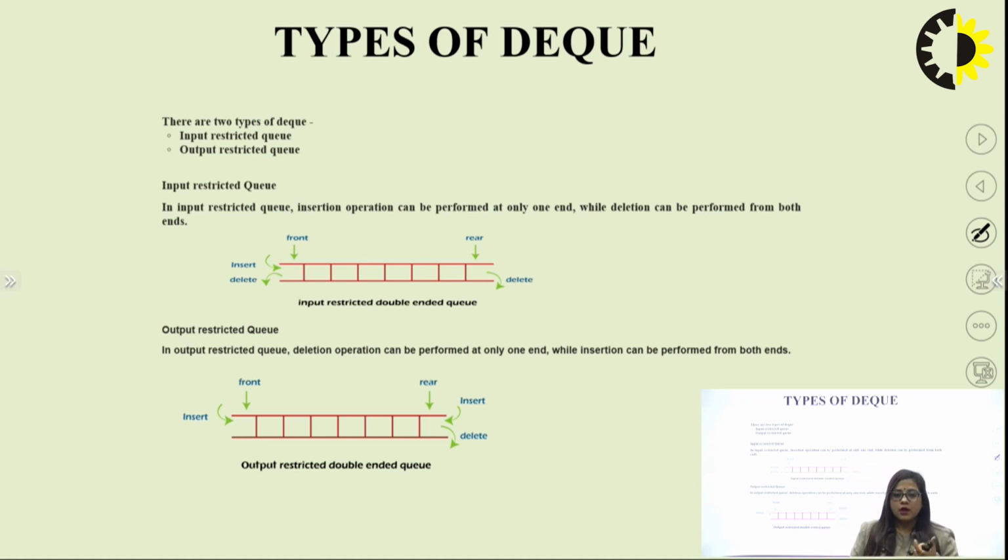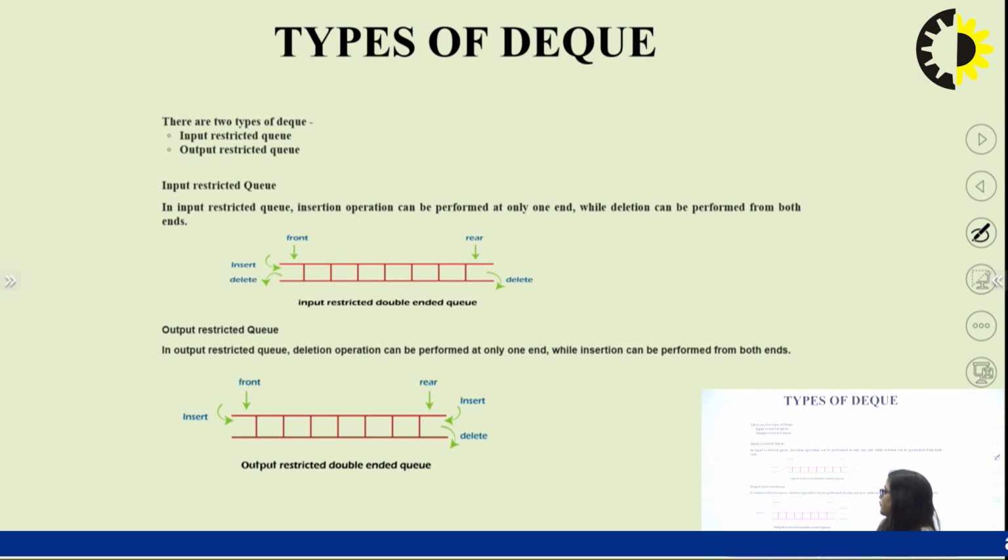Insertion is performed in only one direction, here at the front, but deletion is performed in both directions, front and rear. The second is the output restricted queue, where the output operation is performed in only one direction, so deletion is only here, but insertion is in both directions.